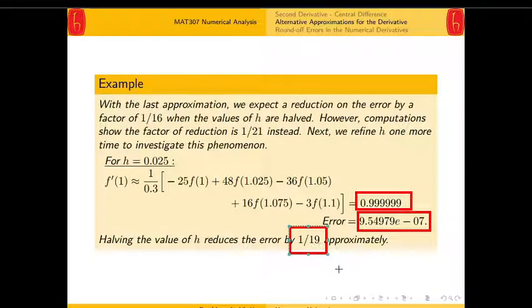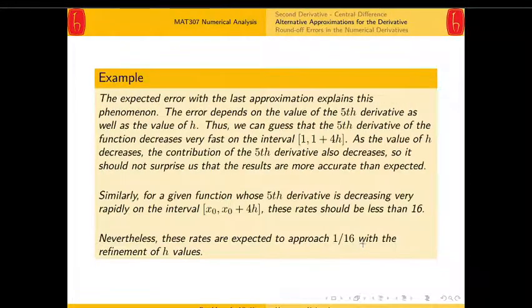It seems like it's going to 1 over 16, but it's going with very good approximations. So we obtain very good approximations up until some point, and from some point on, when we reduce h values, this will be around 1 over 16. So this is what we expect.